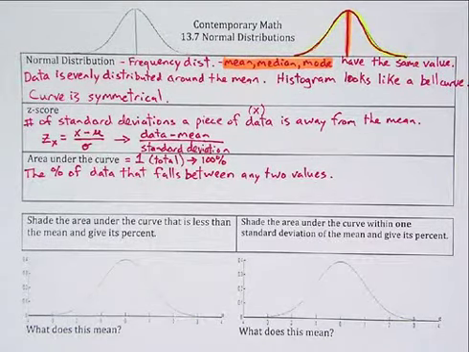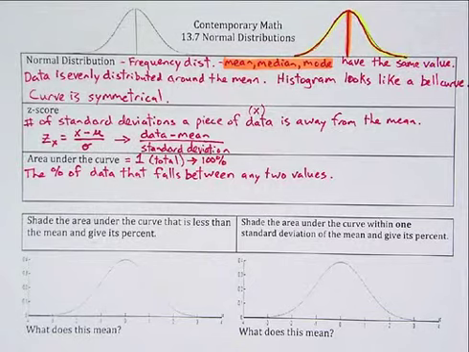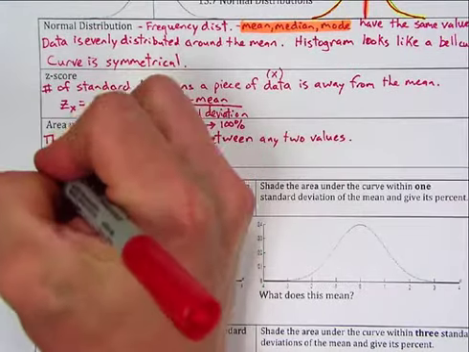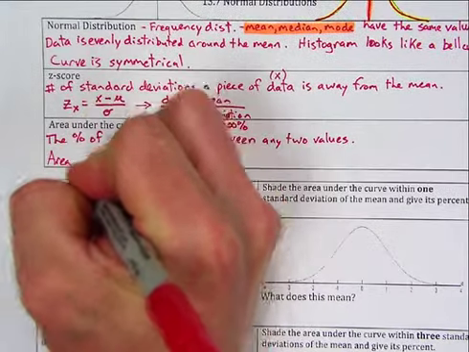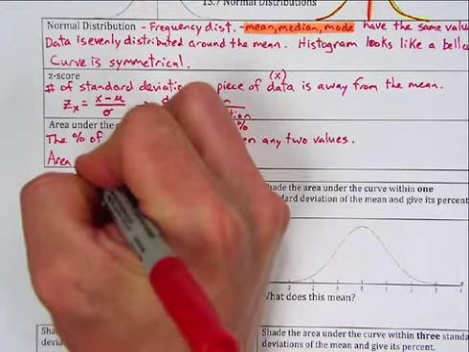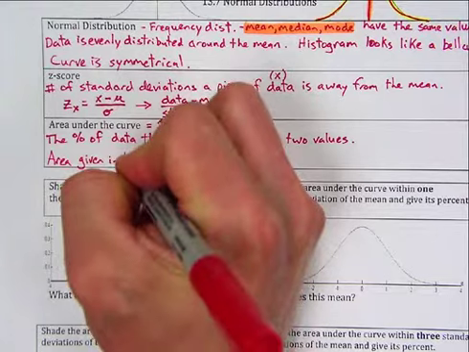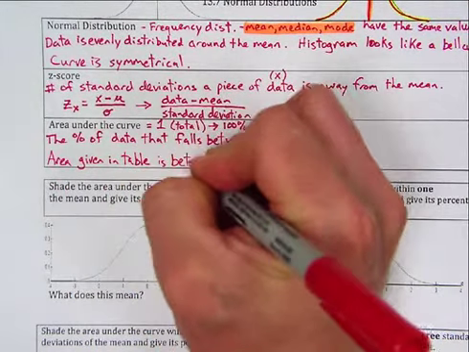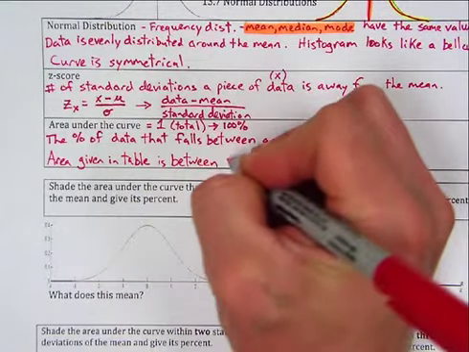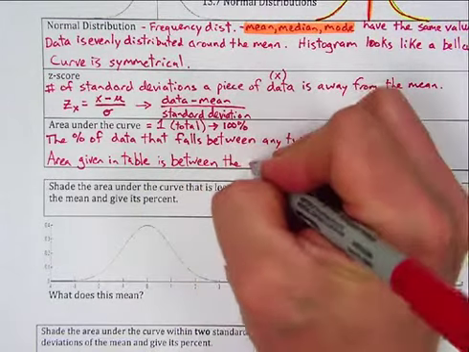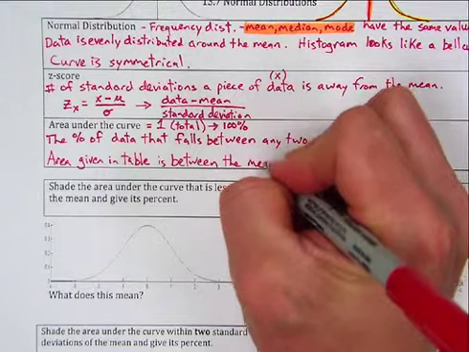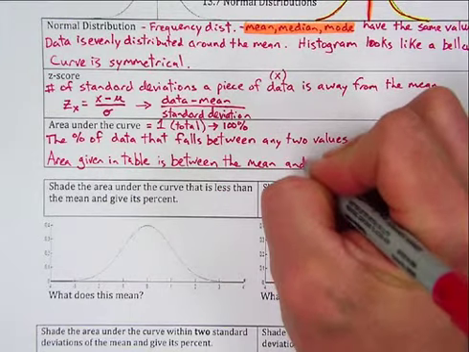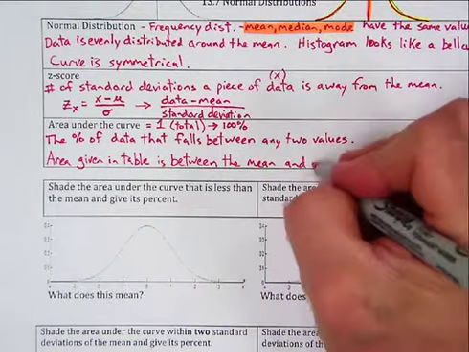Now the area is given in a table here. So the area given in the table is between the mean and the absolute value of a z-score.